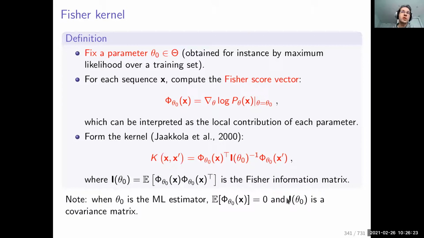So that also means that the interpretation of the Fisher information matrix is just the covariance matrix of the Fisher score. This is not that important, but what is important is that by using this sort of normalization, we will get a nice invariance property that I'm going to discuss next.